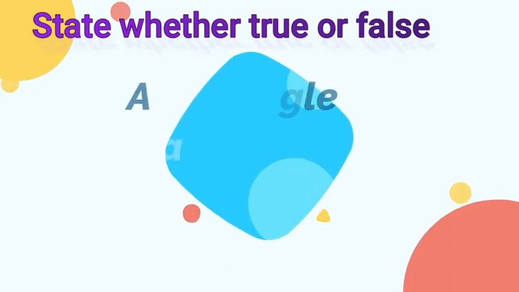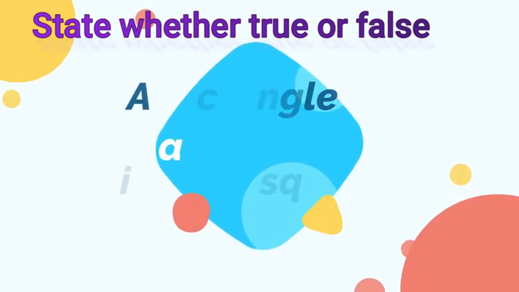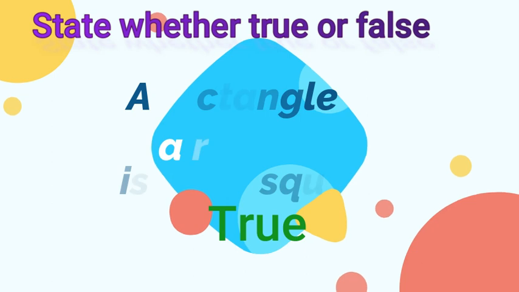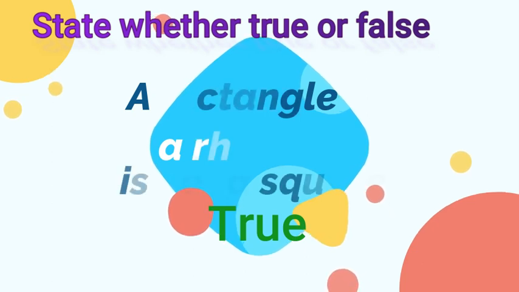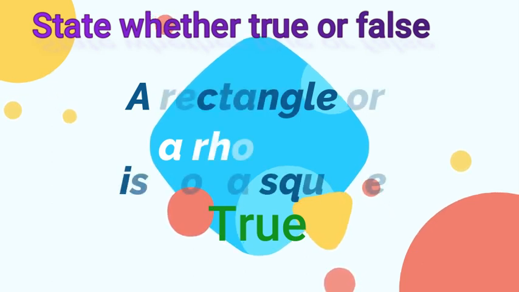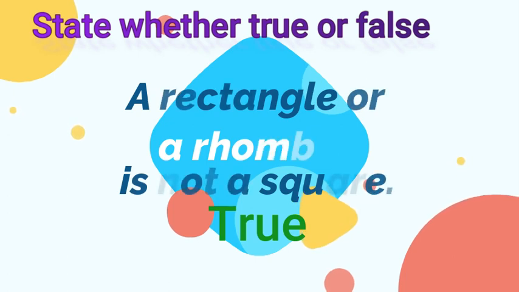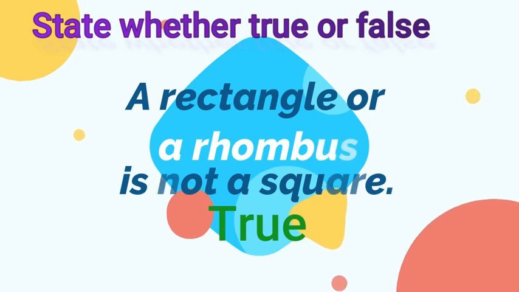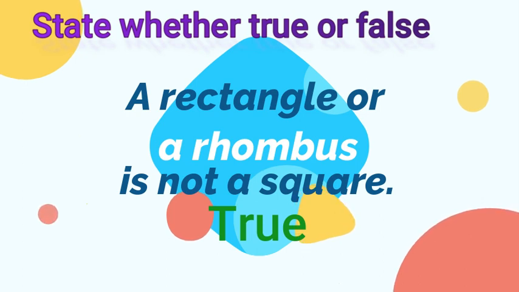A rectangle or rhombus is not a square. Actually, I have already told you that all squares are rhombuses, but all rhombuses are not squares. A square is a rectangle, but a rectangle is not a square. But sometimes we can also tell it is a square.